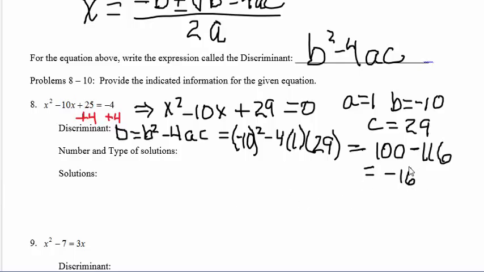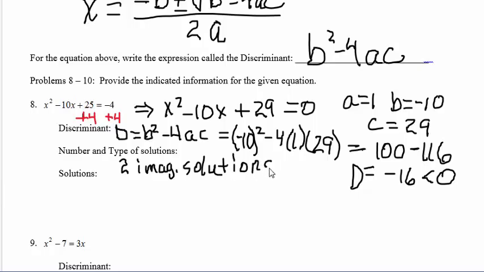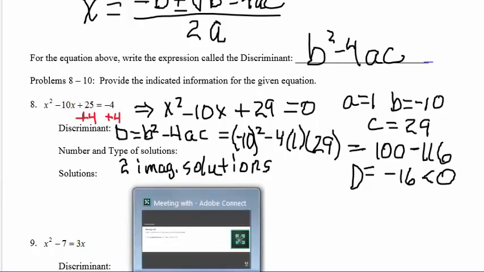So whenever the discriminant is less than 0, which means it's negative, there are always two imaginary solutions. And these solutions are complex conjugates of each other. So we have two imaginary solutions.